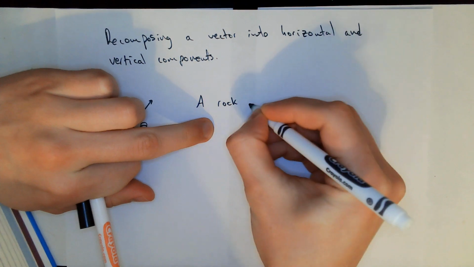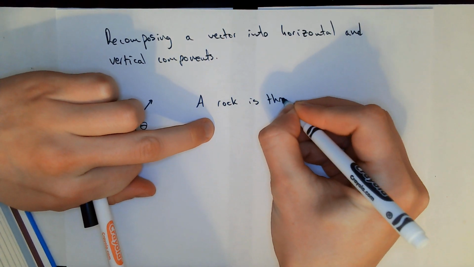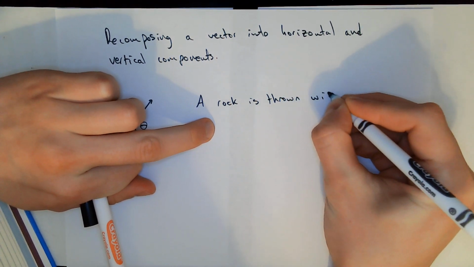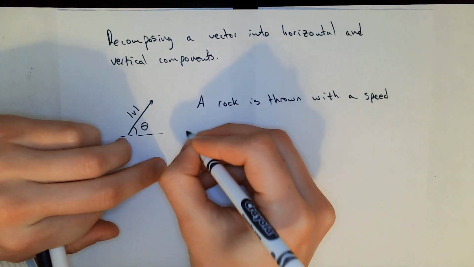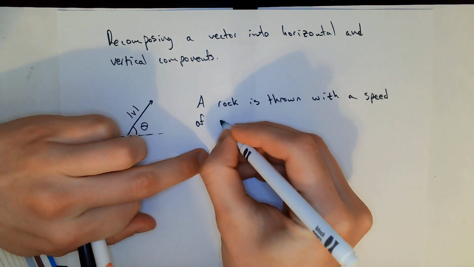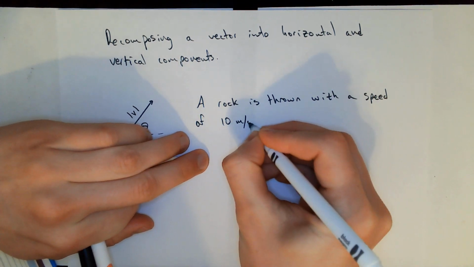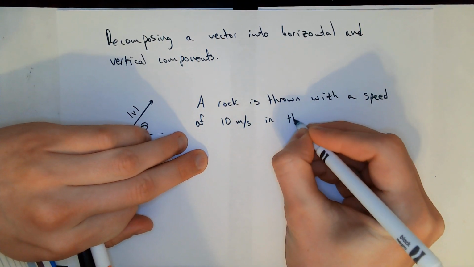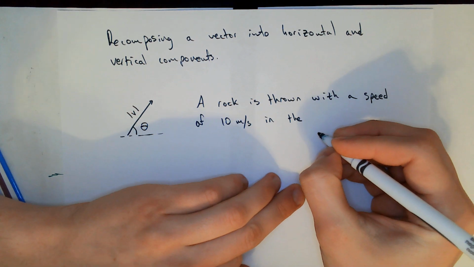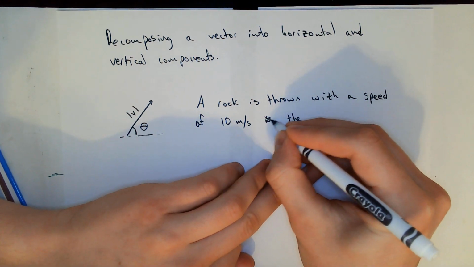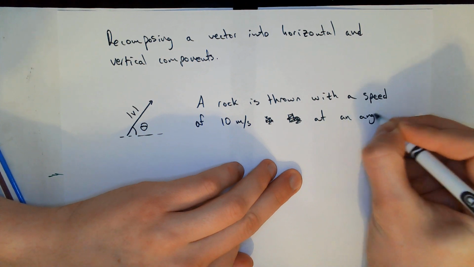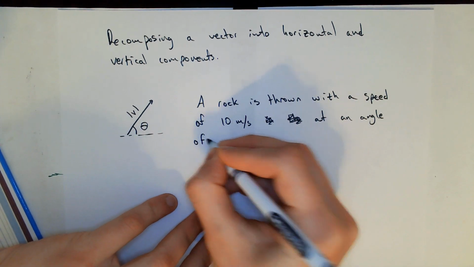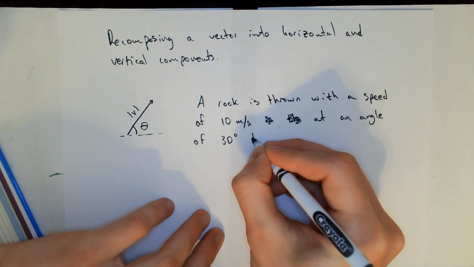So maybe we're given that a rock is thrown with a speed of 10 meters per second at an angle of 30 degrees to the horizontal.